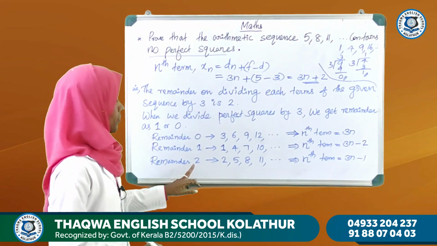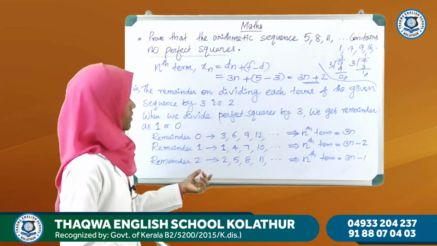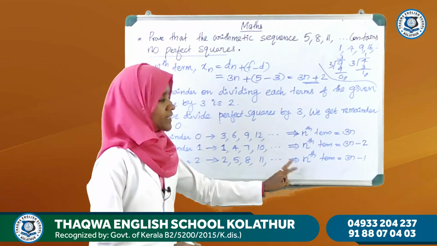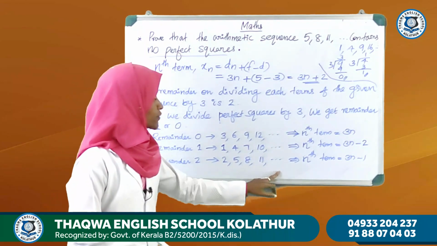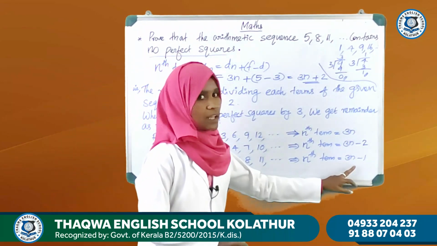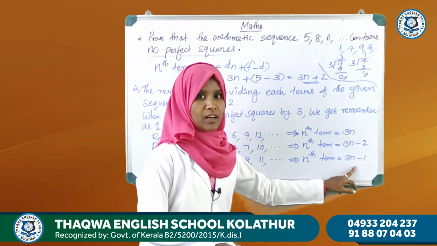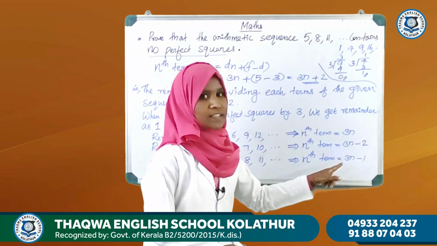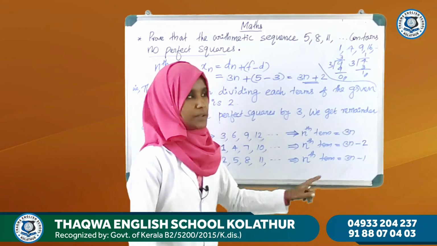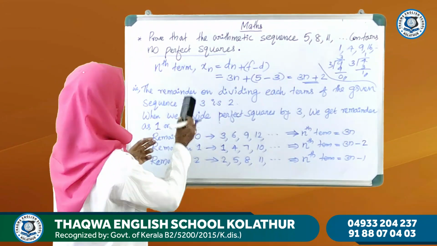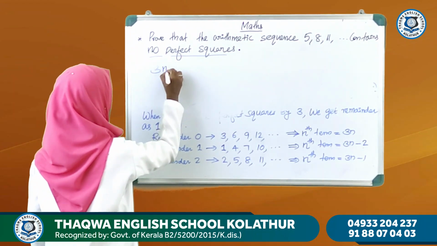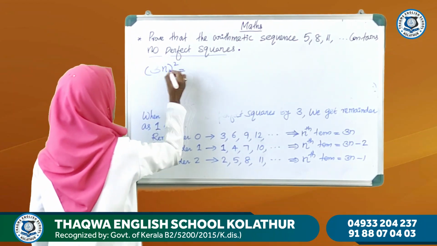Third case, remainder 2. The numbers are 2, 5, 8, 11, etc. The nth term of this sequence is 3n minus 1. Now let us check the squares of these nth terms. So first 3n. 3n square.